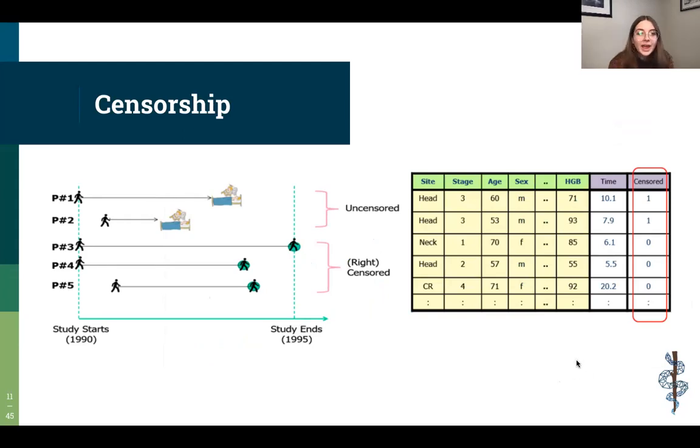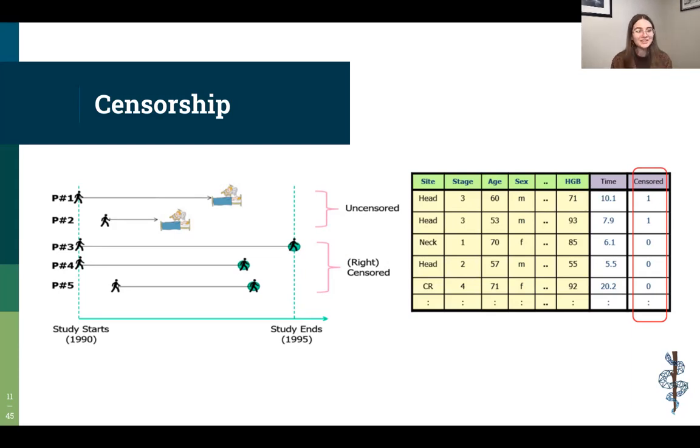So imagine you have 5 patients here, and you begin a study tracking these patients in the year 1990. Up until the point where the study ends in 1995, patients 1 and 2 pass away. Patient 1 maybe survives about 4 years, patient 2 survives 3. For those patients, we actually know their survival time.